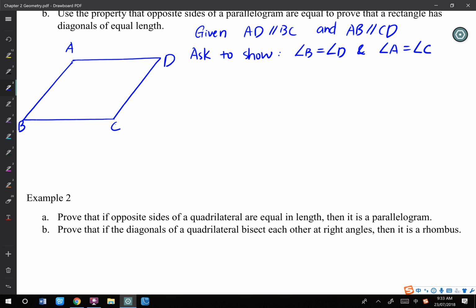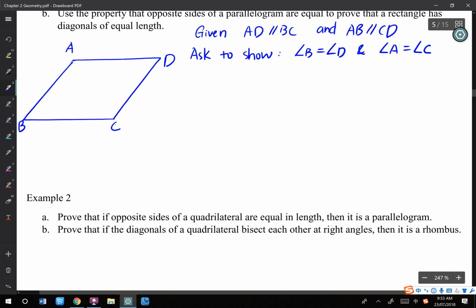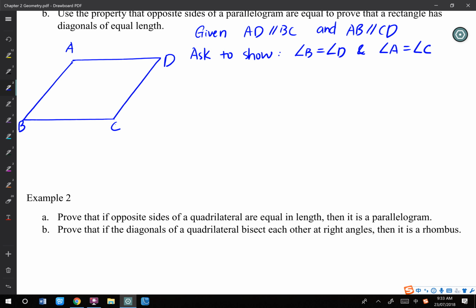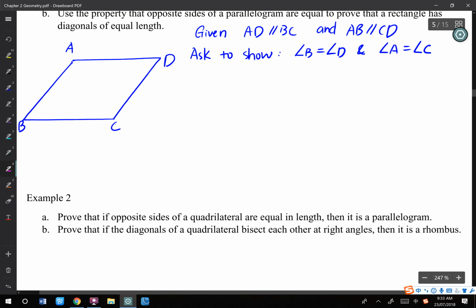Normally to show some angles are equal or some lengths are equal, the way we try to do it is to create two triangles. I can draw a line connecting AC or I can draw a line connecting BD. Well, I will draw a line connecting AC first.